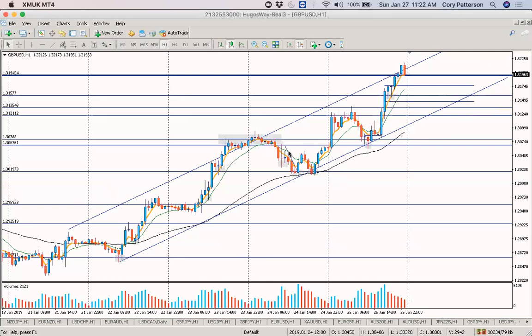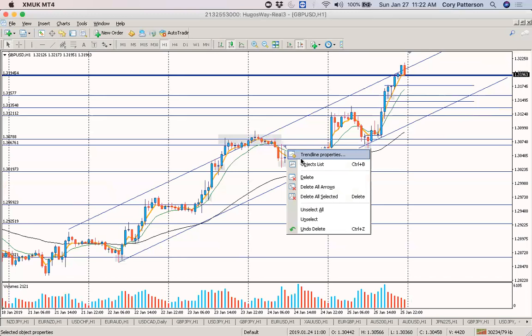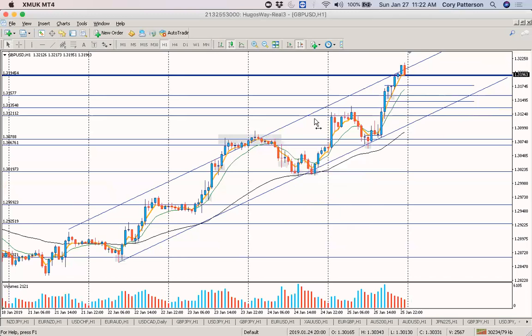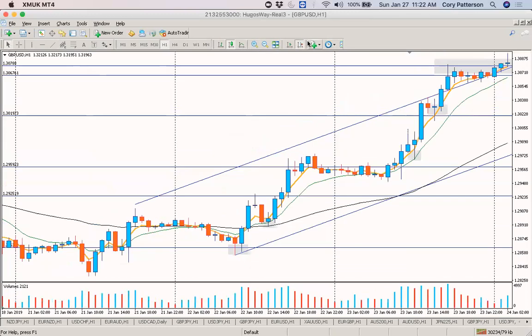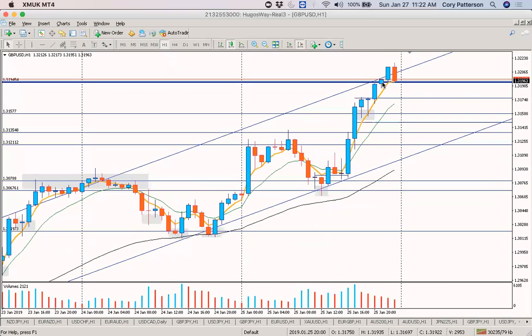So obviously where we are right now in the market, we're up here at the top. We're near a ceiling right here. And the higher the time frame is, the more likely that it will react to that level.